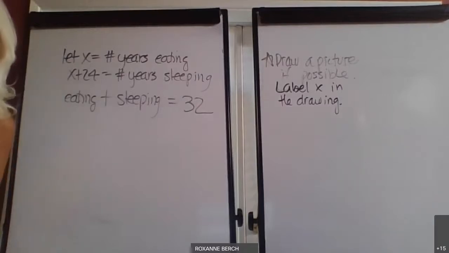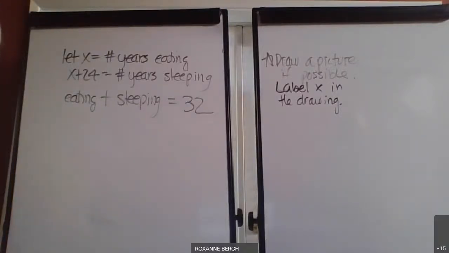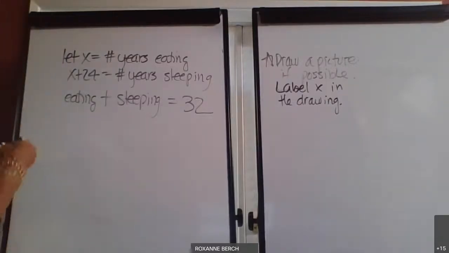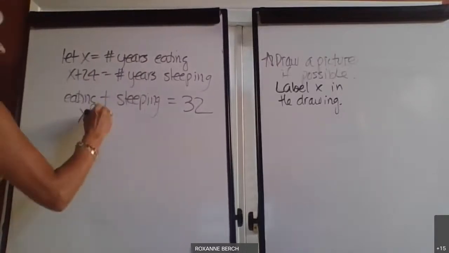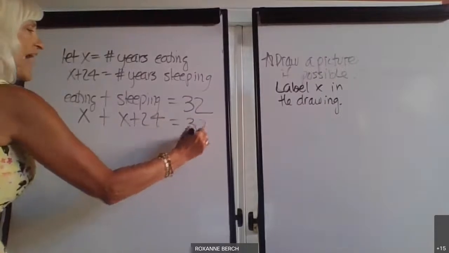Didn't they say that? I know this is weird, but I understand it, and you probably will too. So now we put in the actual math. The number of years eating we said was X, and the number of years sleeping we said was X plus 24.